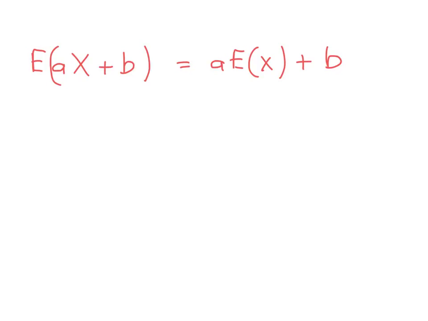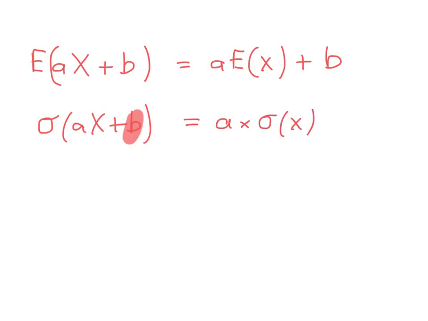A little bit trickier is if we think about the standard deviation. So I'm going to use this symbol here, the standard deviation of ax plus b. Now, adding b doesn't make any difference, as I've just said. So really, that is just a times the standard deviation of x.